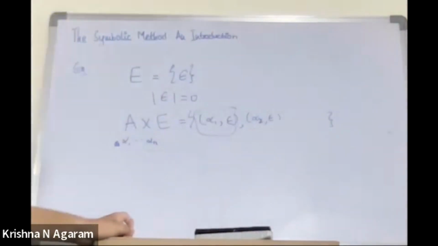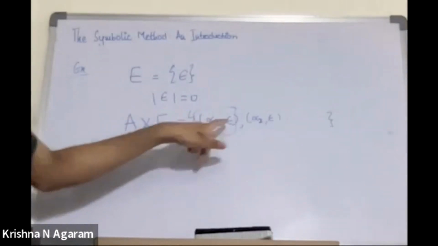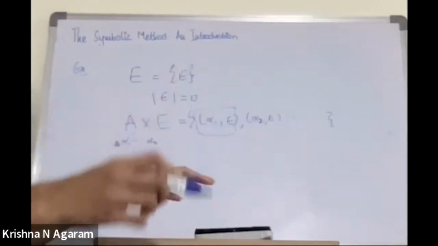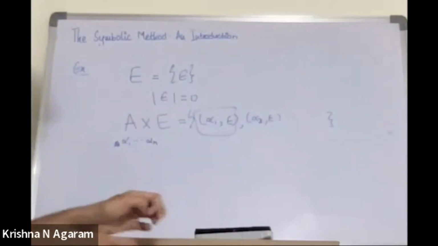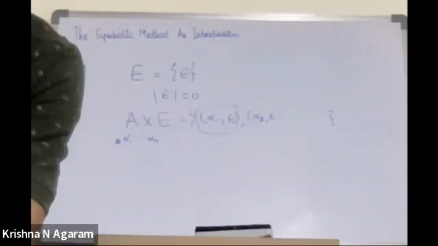Not 1, but the same as the size of alpha 1. Whatever the size of alpha 1 is, it's that, because the size of alpha 1 plus the size of epsilon, which is 0, doesn't add anything to the size. Okay. Are people actually following?